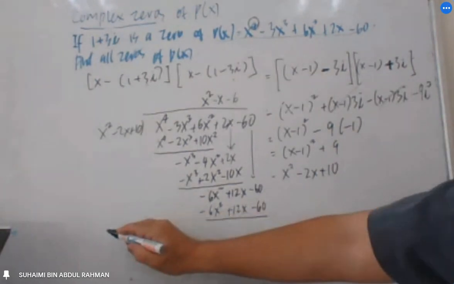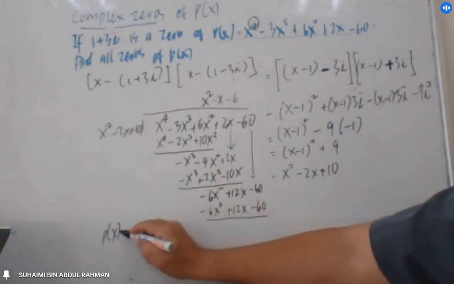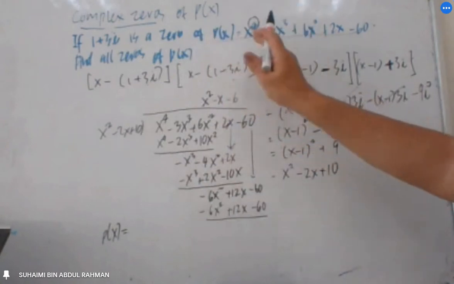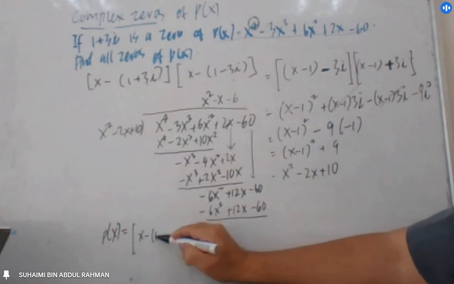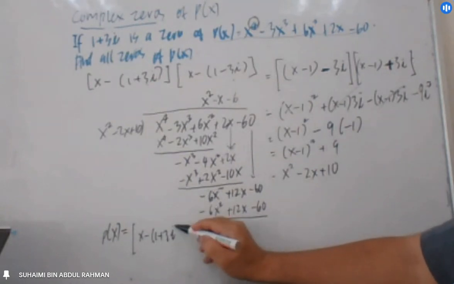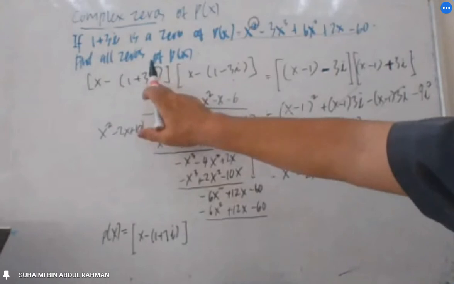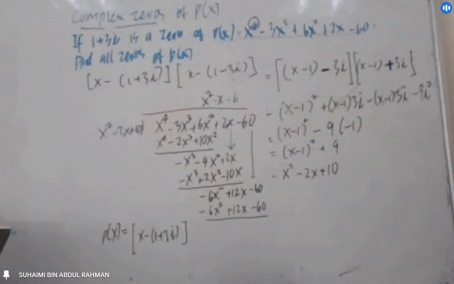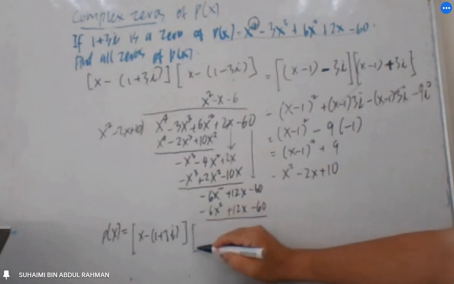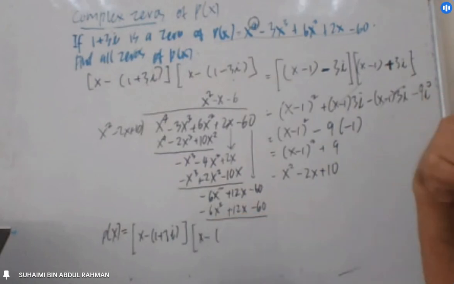So our P(x) in factored form is going to be x minus 1 plus 3i. One of the zeros. Always x minus that zero. X minus another zero.